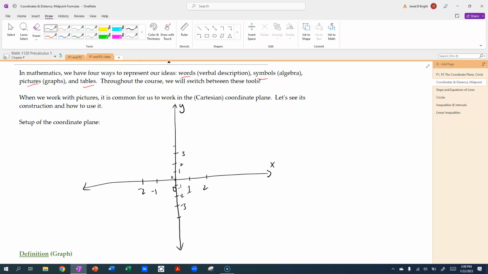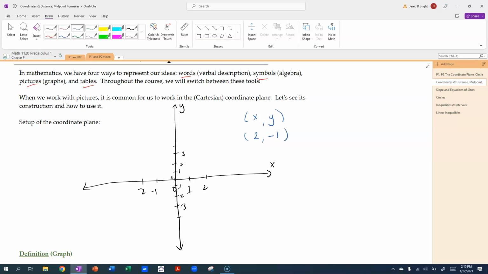Now, this is fine and dandy, but typically when we use number lines, we're interested in points, right? The only thing though is we have two axes. So when we talk about a point here, we need to specify a point with two numbers, an x value and a y value. So for instance, we could be talking about the point (2, -1).